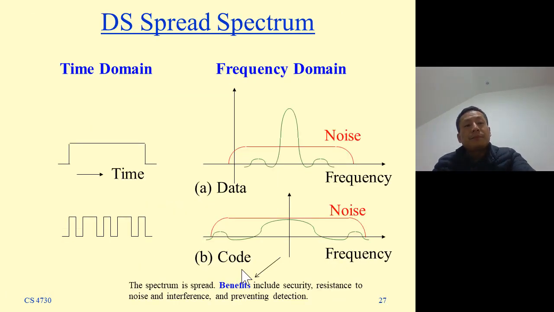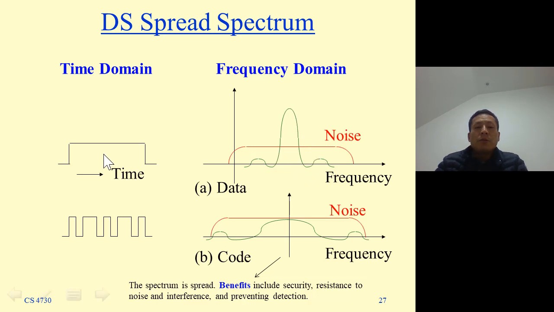Another reason why we need spread spectrum is that we can see these direct sequence spectrums in the frequency domain. If in the time domain we send out this 1 bit, then in the frequency domain, what you can see is the shape of this green one. It's like a pulse with some tail.